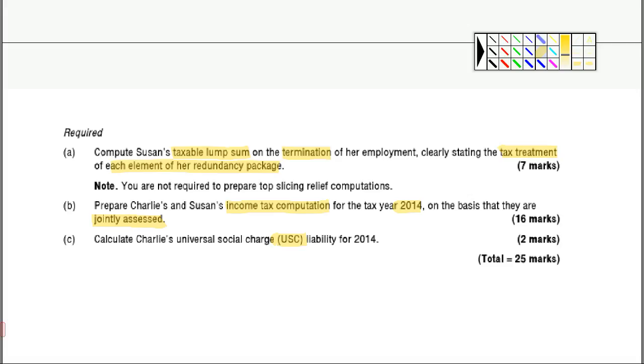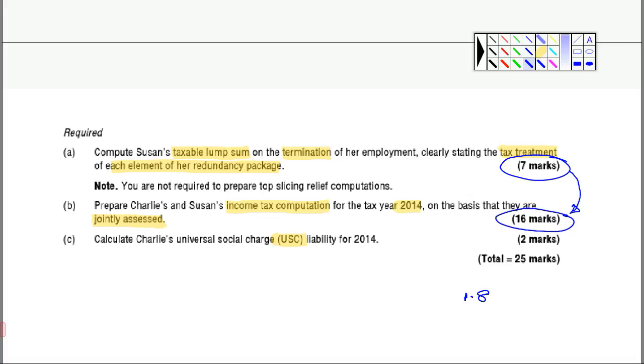One thing that I'll draw your attention to here is the split of the marks. You'll see that most of the marks are in part B, so that's where we've got to expend most of our time. It would be very easy to get bogged down in the taxable termination payment, and we know that that will impact upon the income tax computation, but you've got to be careful to allocate your time correctly.